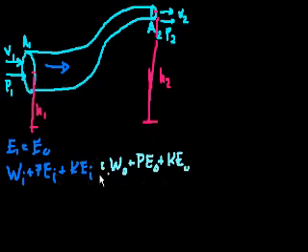So with that information, let's see if we can do anything interesting with this pipe that I've drawn. What's the work that's being put into this system? Well, work is force times distance. So let's just focus on this. It's the force in times the distance in.